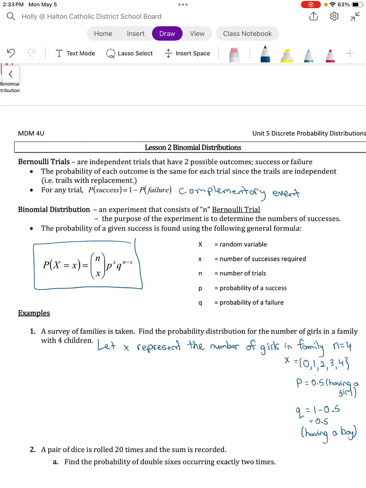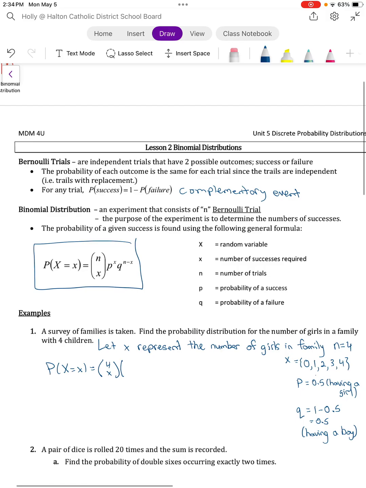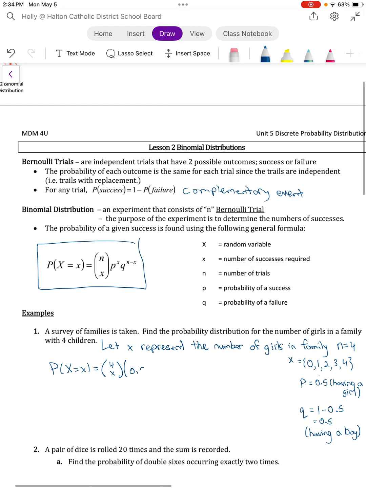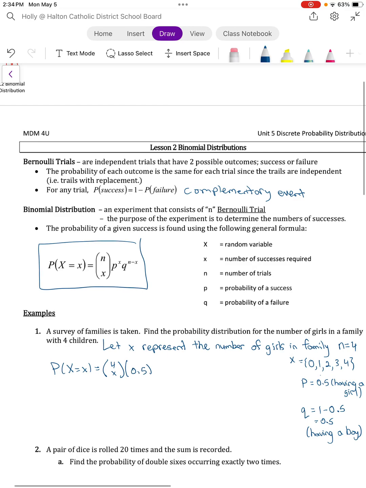Let's write out our general formula: P of capital X equals x. We know n is 4 because we want 4 children. 4 choose x, times 0.5 to the exponent of x, and 0.5, if we have a boy, to the exponent of 4 minus x.